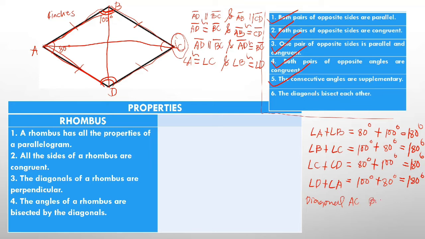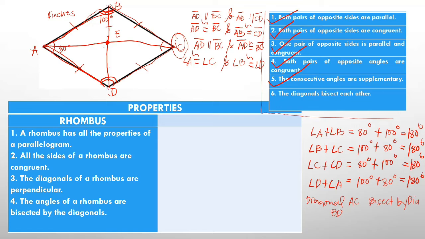So, therefore, we have the intersection part. Okay? Let's have E here. There, that's our intersection point. It means the measurement of line segment BE is equal to line segment DE. It means they have the same measurement.